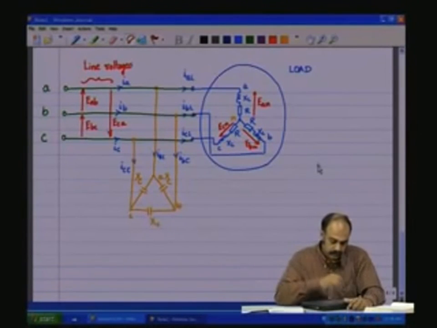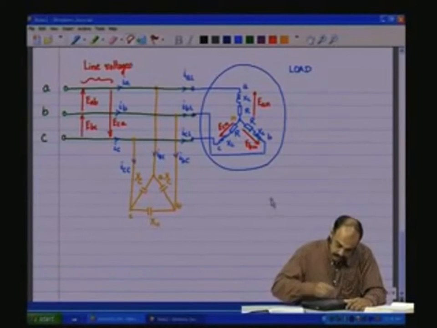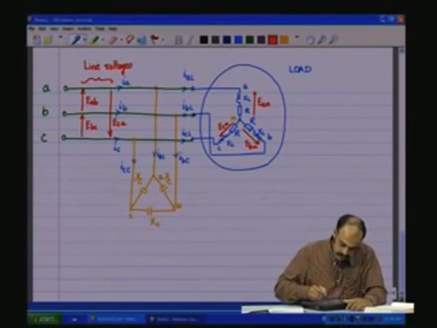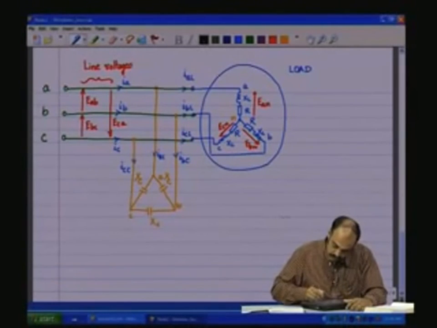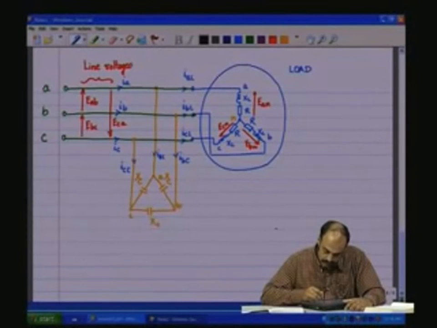Now, the line voltages. Let me draw the line voltages with black color. So, EA, EB, EC can be shown in this fashion.